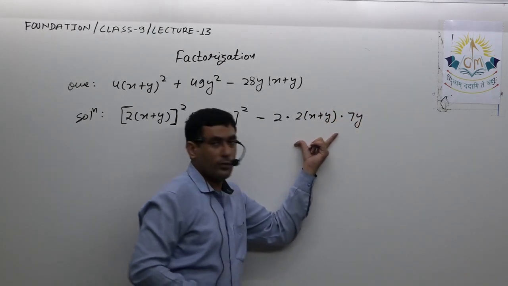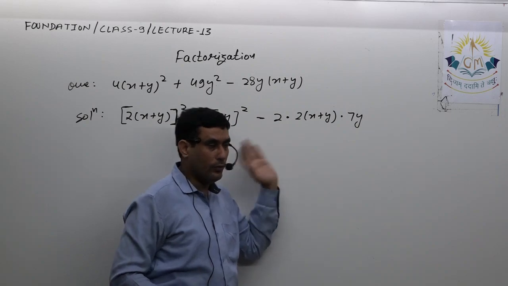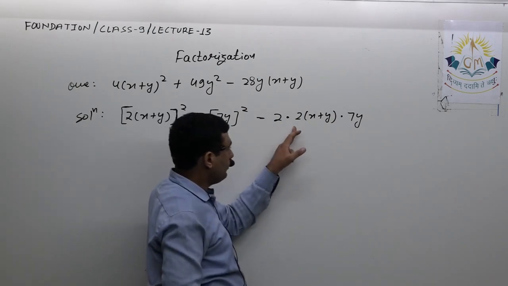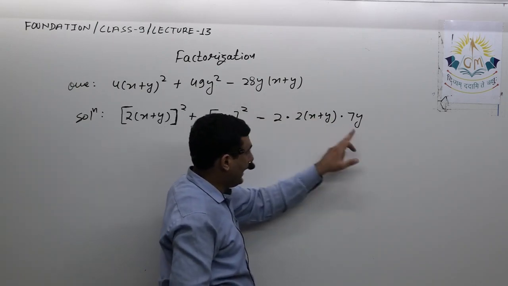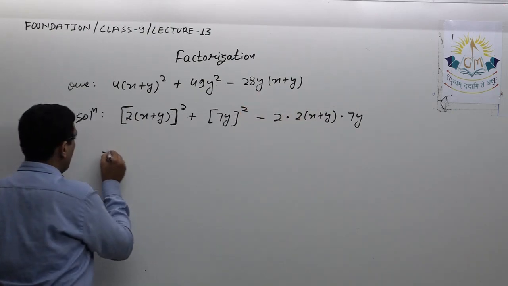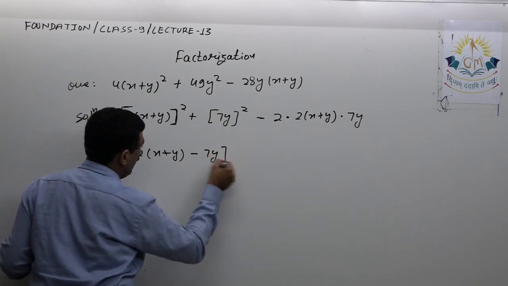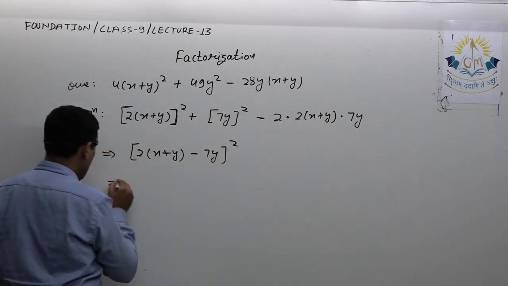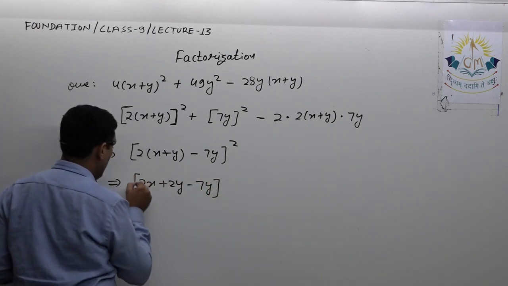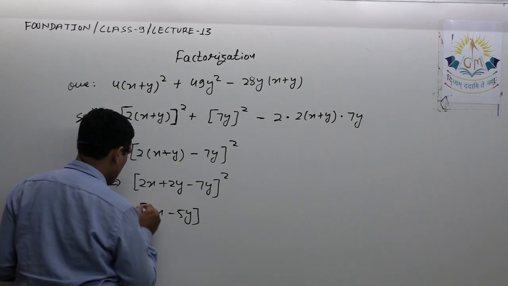Let us see whether the product of these is this or not. So 2 into 2, 4, into 7, yes, 28, as well as y, yes, 28y into (x plus y). Exactly, it fits the identity of (a minus b) whole square, that is (2x plus 2y minus 7y) whole square, that is (2x minus 5y) whole square.